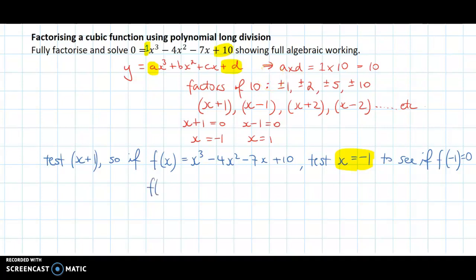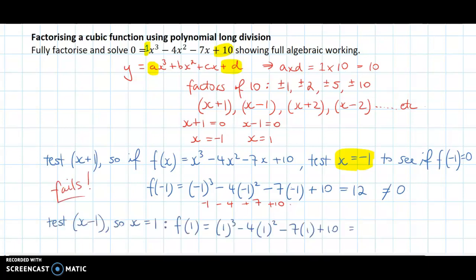So if I pop that in: negative 1 cubed minus 4 times negative 1 squared minus 7 times negative 1 plus 10. So I've got negative 1, take 4, plus 7, plus 10. And that gives me a value of 12, which is not 0. So I know that this factor fails.